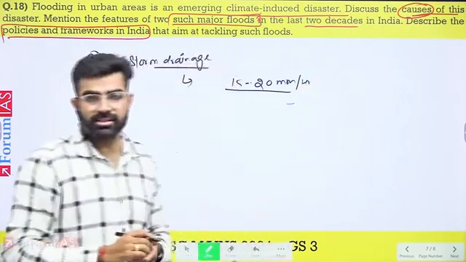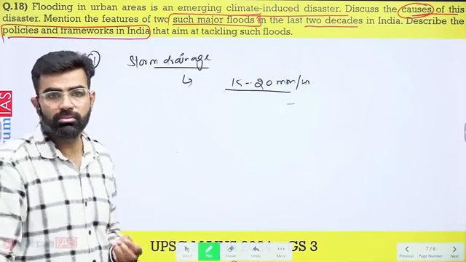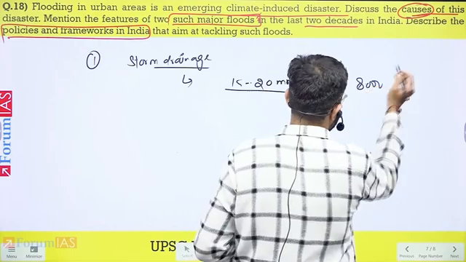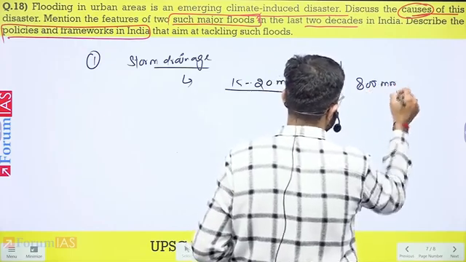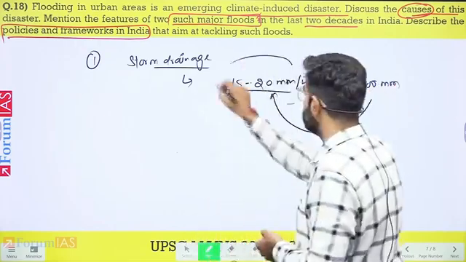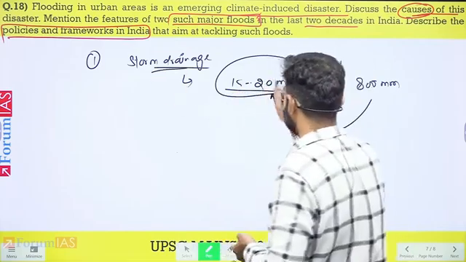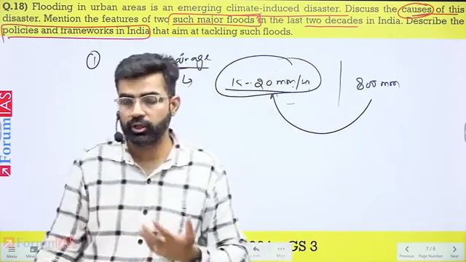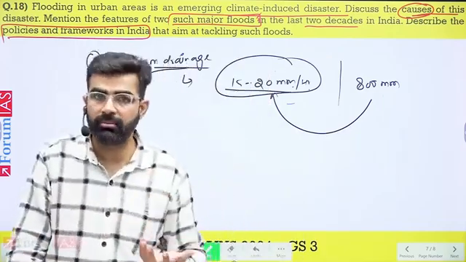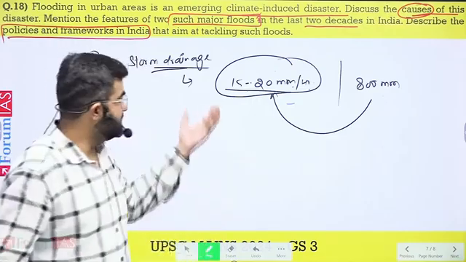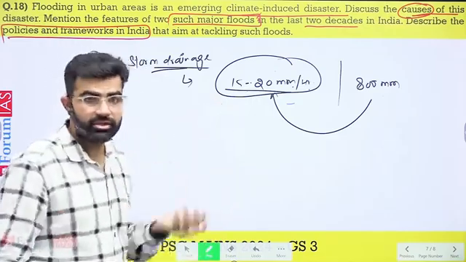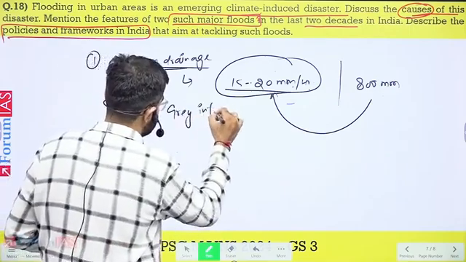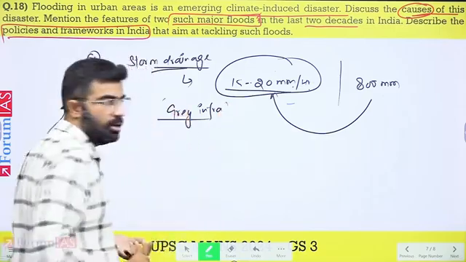Yet the single-day rainfall of Mumbai can be as high as 800 mm. Now think about this: the capacity of storm drainage is 15 to 20 mm per hour. This type of conventional infrastructure that we are using to solve the modern problem of urban flood is highly inefficient. This is known as grey infrastructure. So we are using mostly grey infrastructure to handle this problem.